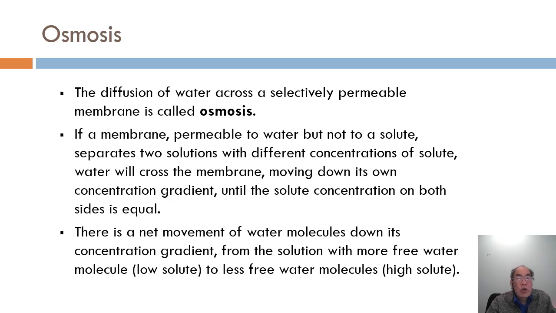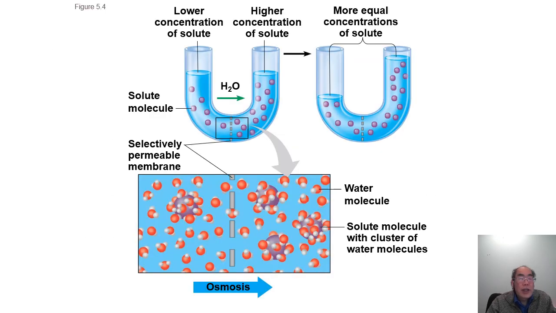Okay, so here I have a picture. Pictured here, we have a U-tube, and at the bottom of the tube, we have a selectively permeable membrane that allows water molecules to pass through, but solutes cannot pass through. On the right side, we have a high concentration of dissolved solutes, and on the left side of the U-tube, we have a low concentration of solutes.